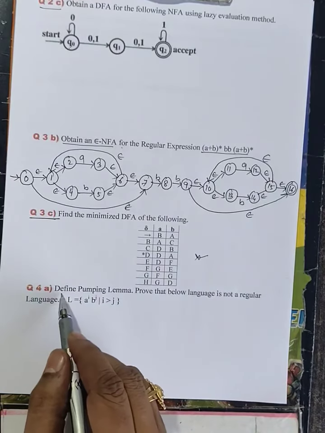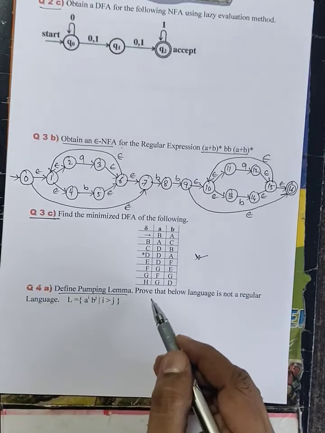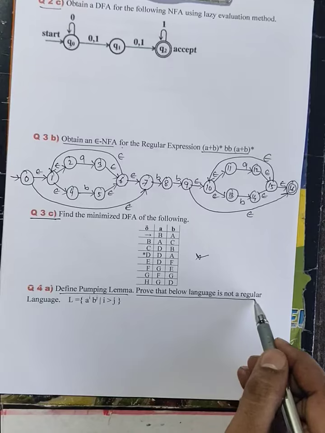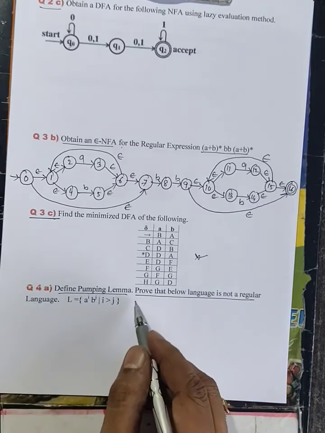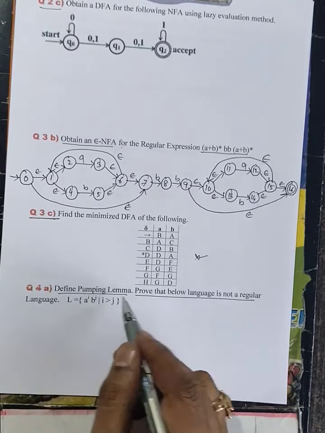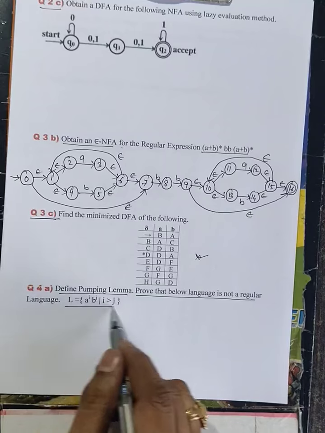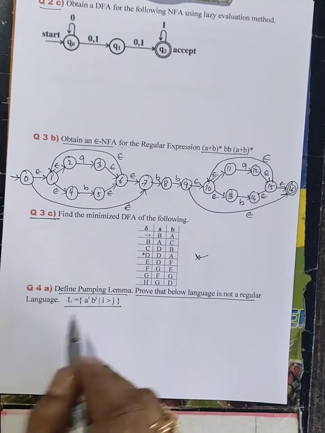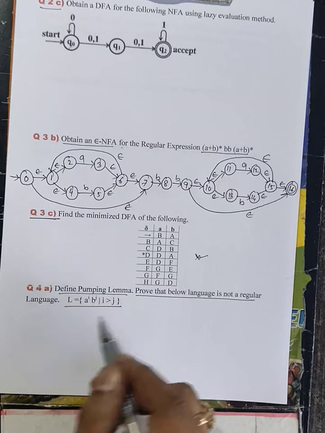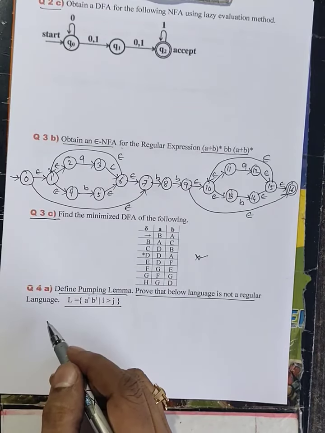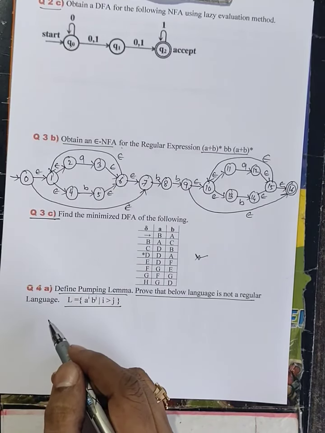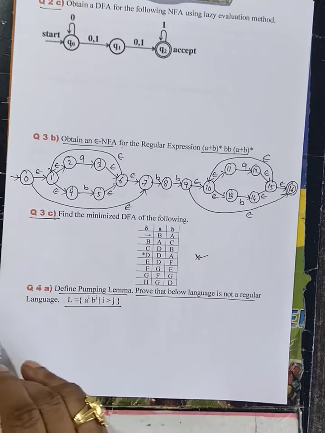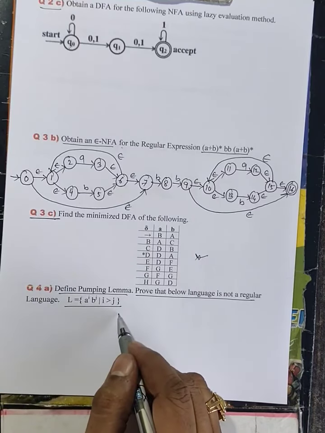Next, pumping lemma. This theorem I have also given on my YouTube channel. You can watch from there. This pumping lemma is a theory question, and the language is a to the power i, b to the power j, where i is greater than j. From the given language we generate a string.